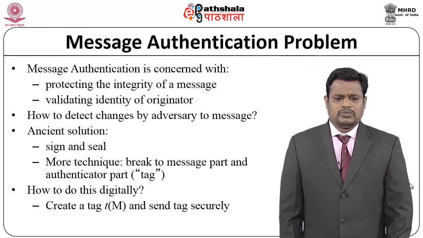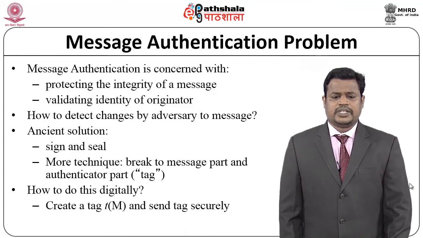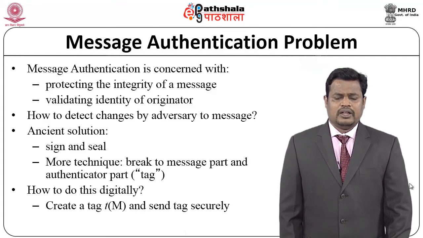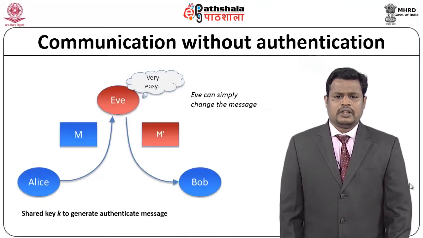We create a tag T of M, that is, based on the message we create a tag and send the tag securely to whoever is going to receive the message. Both pieces of information need to be sent, the message and the tag, and the tag must be sent securely. This is the digital solution.